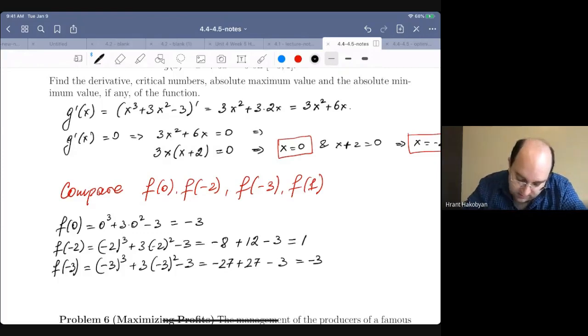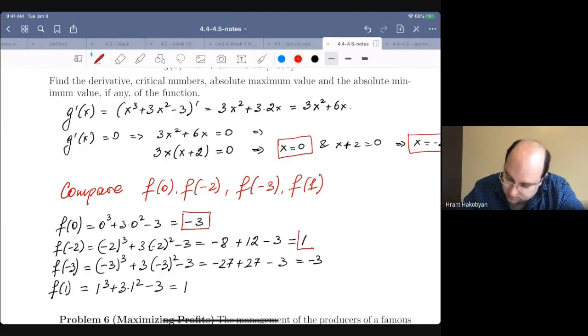And then I have f at 1, which is 1 to the power 3 plus 3 times 1 squared minus 3. So it's equal to 1. So I have these 4 numbers: negative 3, 1, negative 3, and then 1.